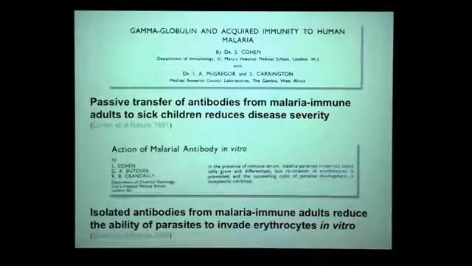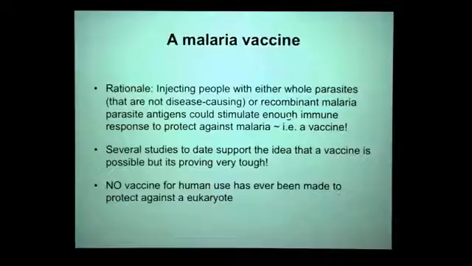And in some ways, that established the whole program of international research to try and develop an anti-malarial vaccine, which could elicit this same type of response, where if we had the right antigen or the right cocktail, we'd be able to encourage an individual to make an anti-malarial response to protect themselves from malaria. So that's our rationale.